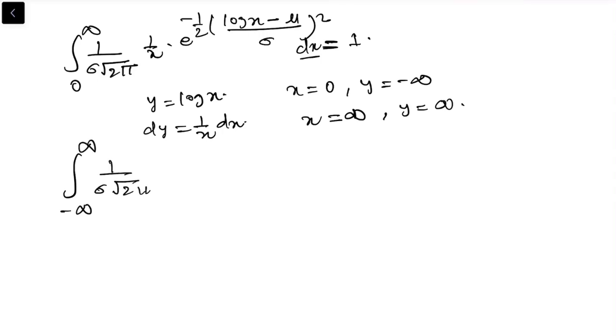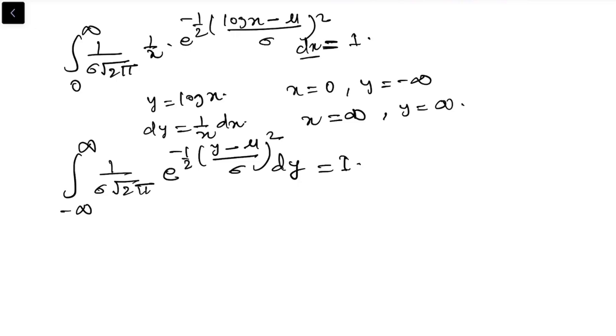This constant will remain as it is. 1 over x dx is dy, so this is dy, e to the power minus half. In place of log x we can write y, minus mu divided by sigma, whole square, and this is equals to 1.